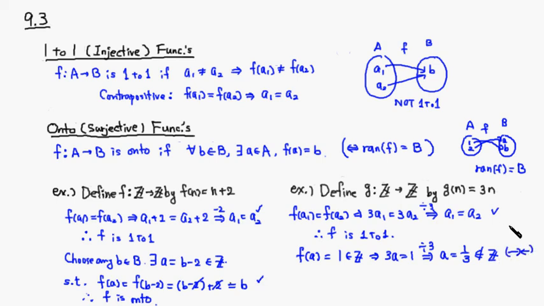Therefore, the function f here is not onto, because this function will never have a value of 1, since in order to do that, a has to be 1/3, which is not an integer. That's it. I hope that this was clear.